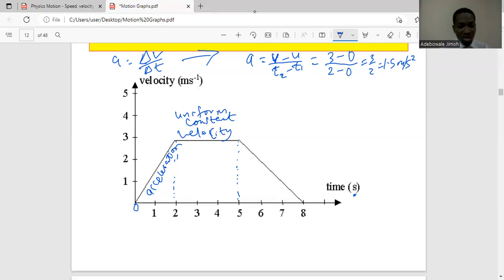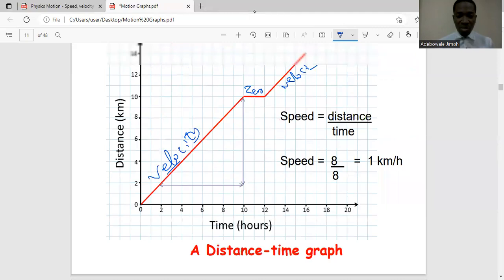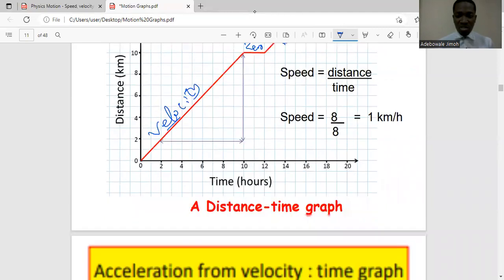Take note that constant velocity does not mean an object is not moving. Uniform velocity or constant velocity, call it whichever you like, does not mean an object is not moving. It simply means the object is moving at a constant speed, and this is a visual representation of uniform velocity.